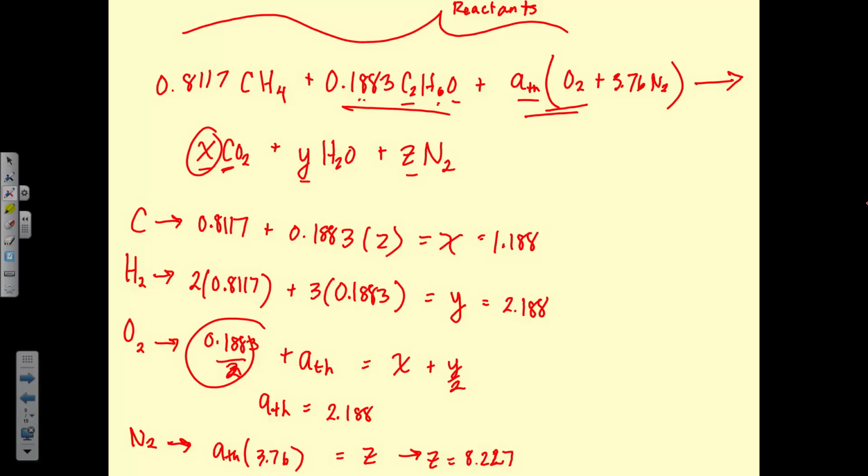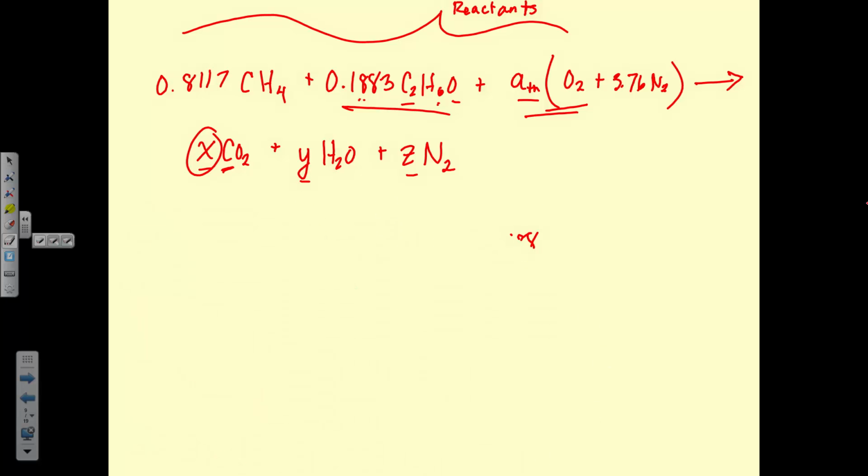Okay, so now we can rewrite our equation. I'm just going to erase some of this stuff so I have room to write. We can put in some of these terms, replace x, y, and z, and this A theoretical with the proper things.